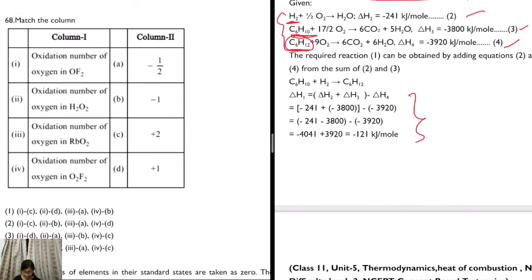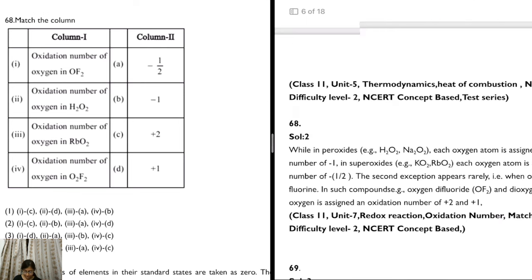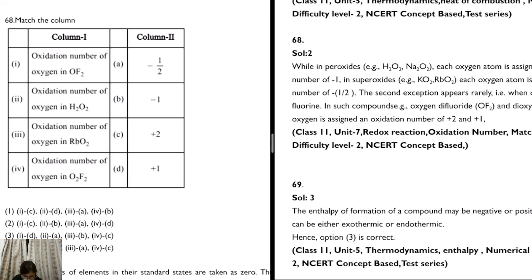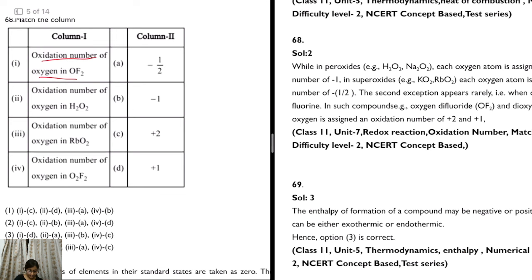Now in the next question, we have to again match the columns. See here. Oxidation number of oxygen in OF2. See, fluorine is the most electronegative element. So what we will do is, oxygen x plus 2 into minus 1, therefore it would be plus 2 in OF2.